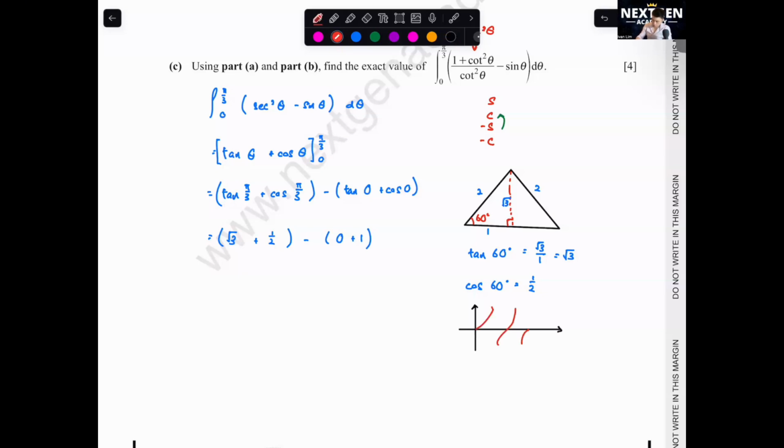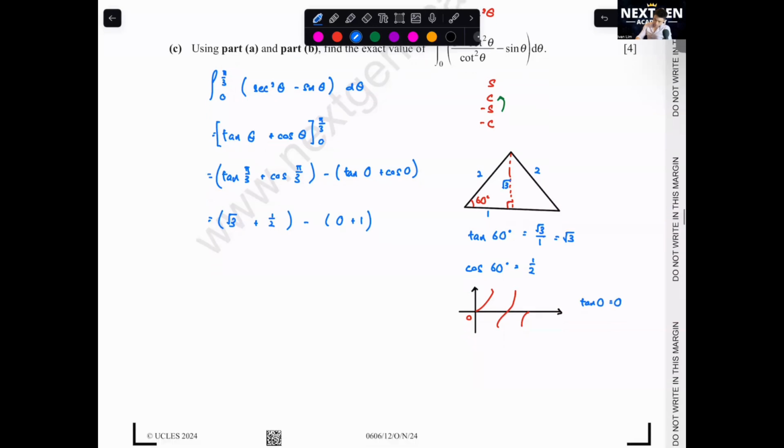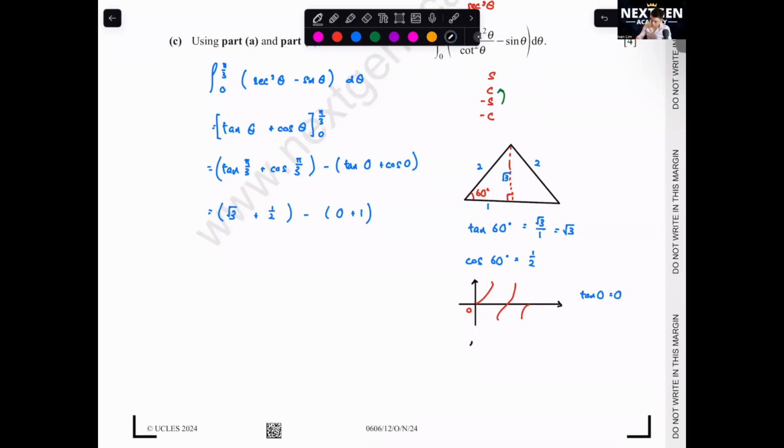This is your tangent, so tangent 0 is equal to 0. Then cos 0, we will follow this graph here. Cos 0 equals 1. Go add it up. So root 3 plus 1 over 2 minus 1, we'll get root 3 minus 1 over 2.